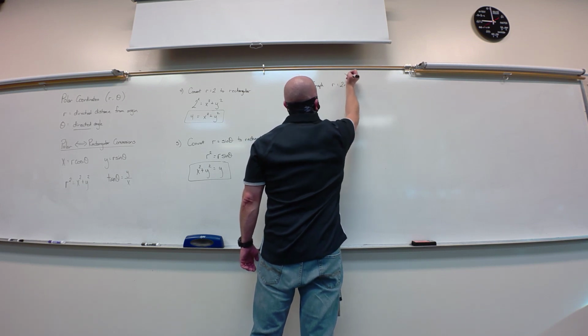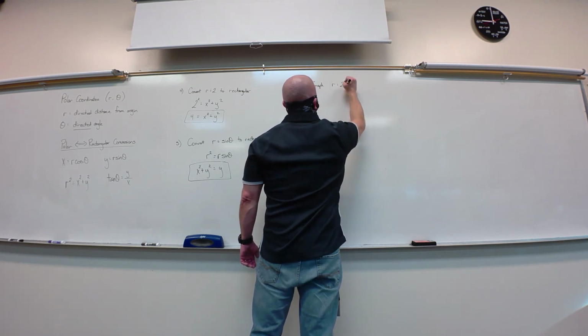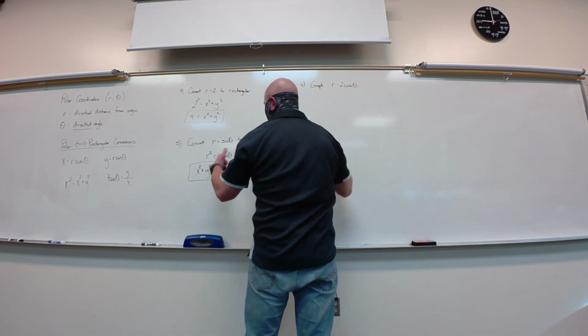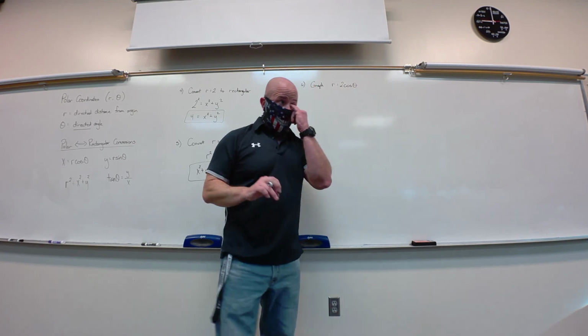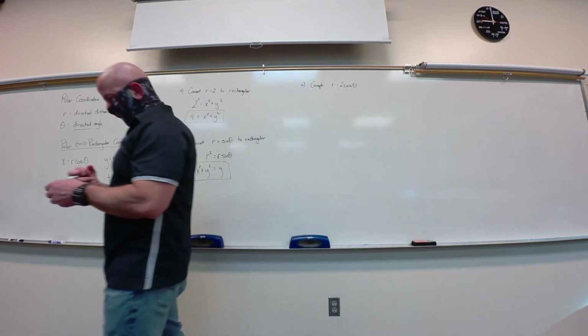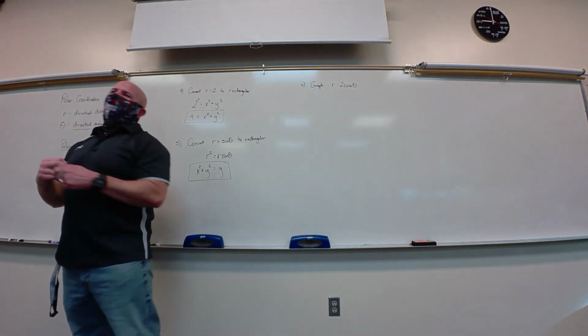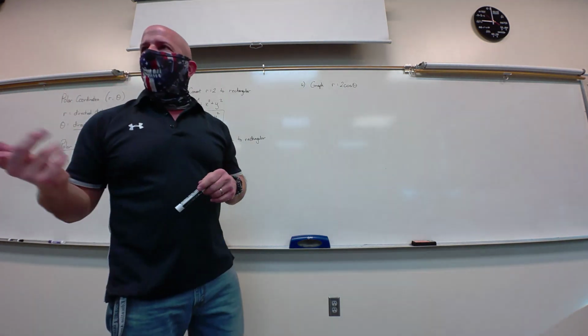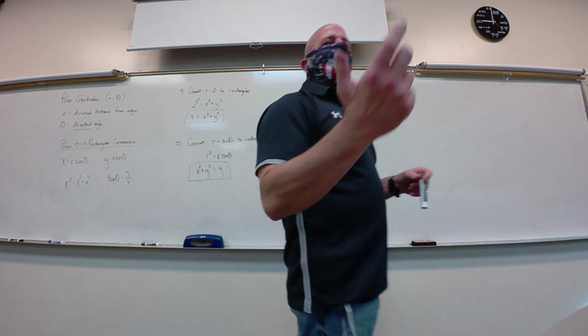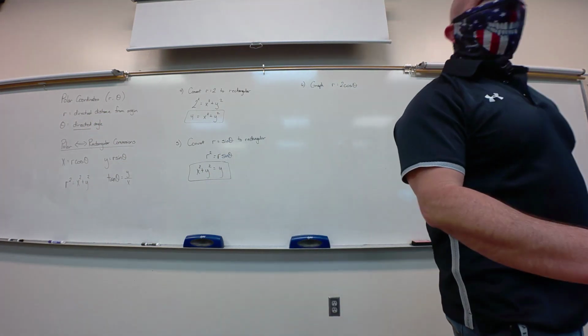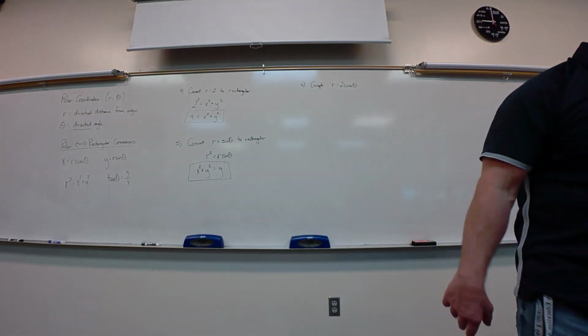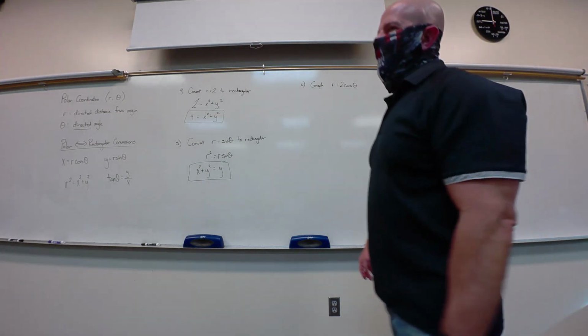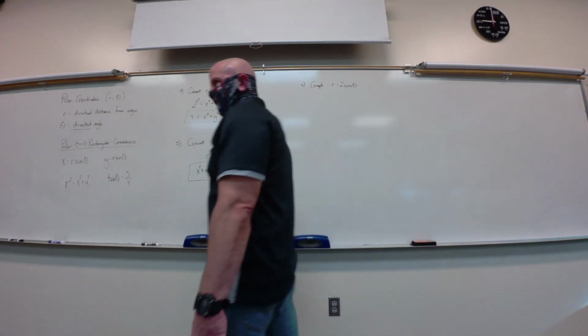Actually, I just did, let's do 2 cosine theta because we just did a sine one over here. All right, so on your calculators, remember where we went to the mode piece to change to parametric? You're going to go back to that mode and change it to polar. You'll see POL for polar. We are graphing angles, so make sure you're in radians.